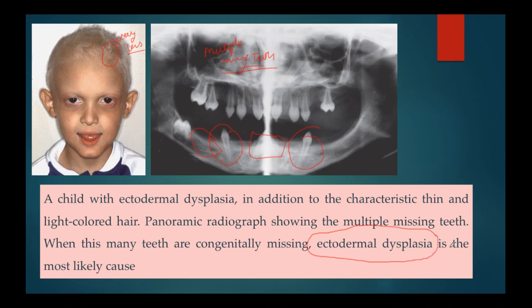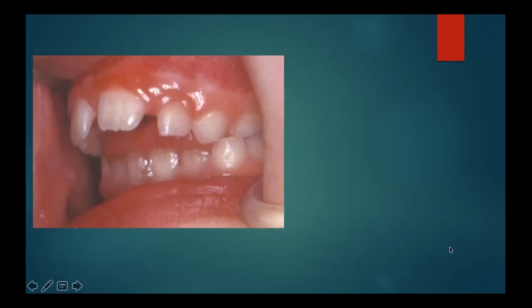There is a defect in the ectoderm formation, and as we know the teeth are derived from ectoderm, hence a large number of teeth are missing. So whenever this number of teeth are missing, we always suspect ectodermal dysplasia. Okay, so moving on to the next.